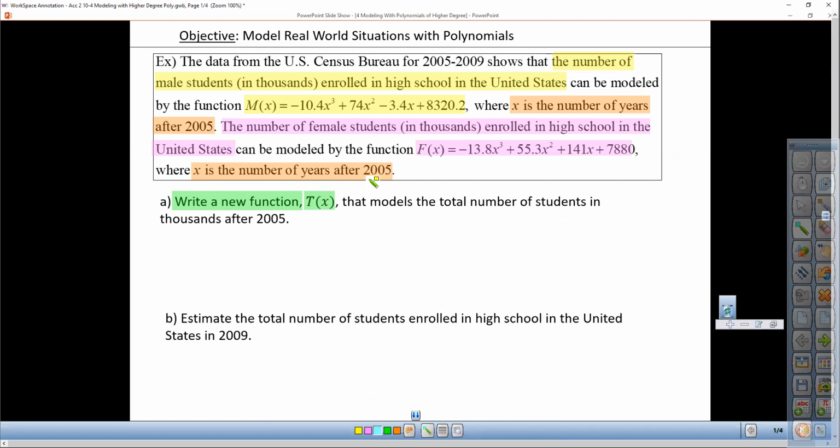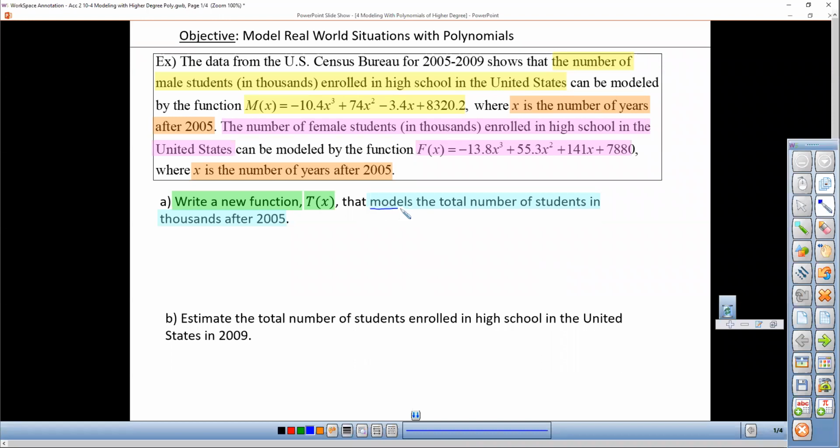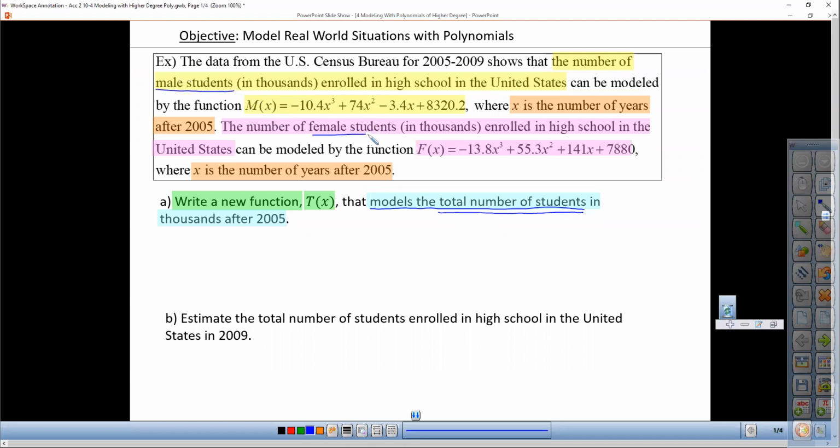This new function, we are told, needs to model the total number of students in thousands after 2005. The key part of this is that what it models is the total number of students. So we have to understand mathematically how to get a total number of students from the two functions that represent male students and female students.